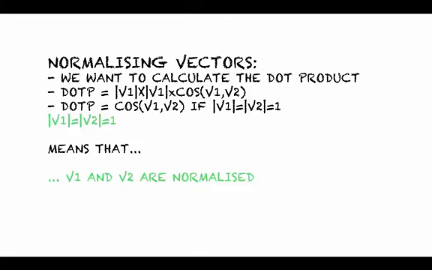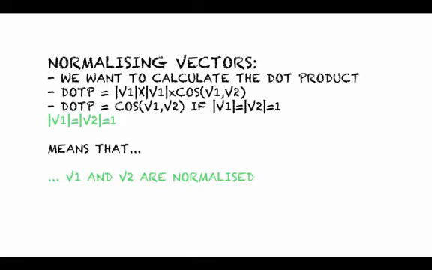Normalizing the vectors. So at this stage, we know v1 and v2, and we just need to calculate the dot product between these two to have an idea of the cosine of the angle. However, if you remember the definition of a dot product, the cosine of the angle between v1 and v2 equals the dot product only if the magnitude of the vectors is 1.